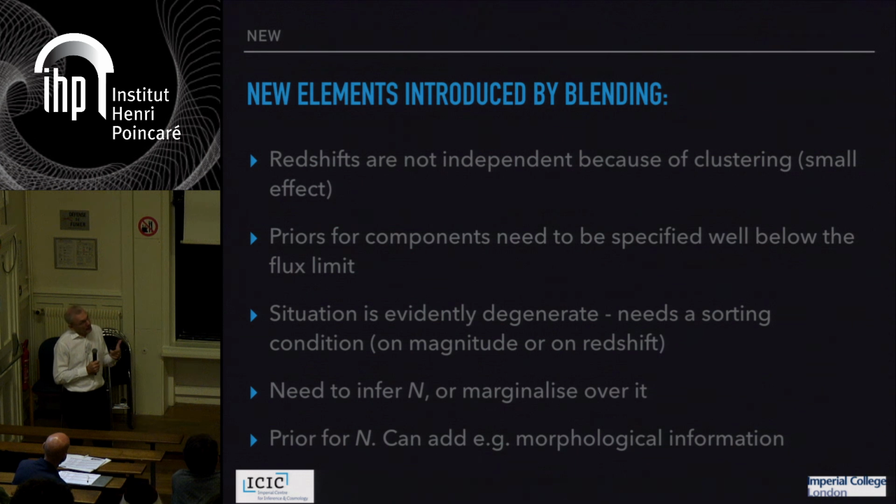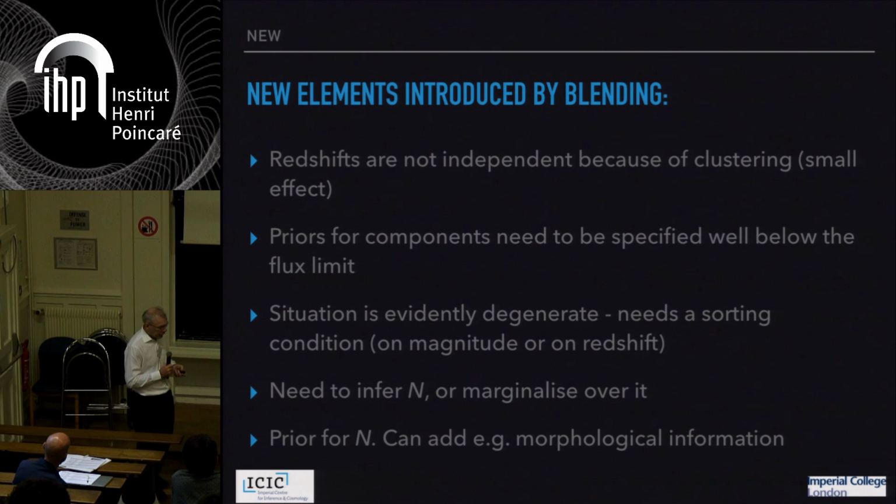And if that part of the process is not using the flux information, but is using morphological information only, then the two become independent, and you can include the information trivially.